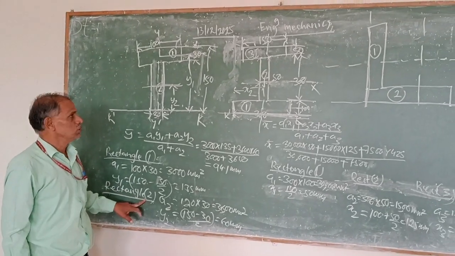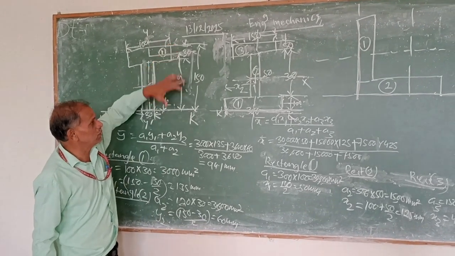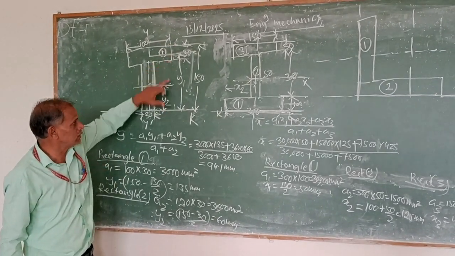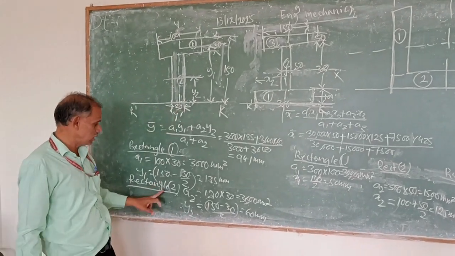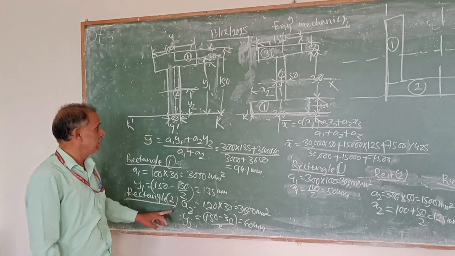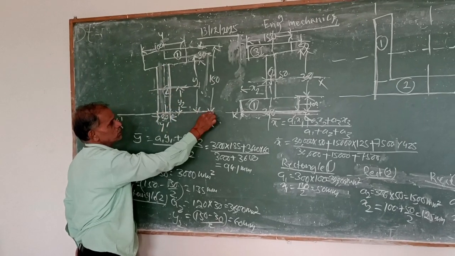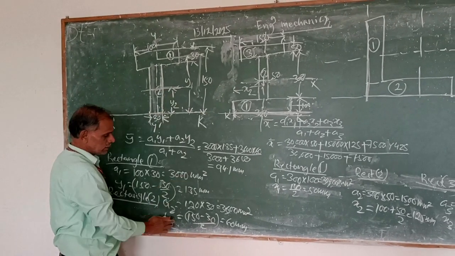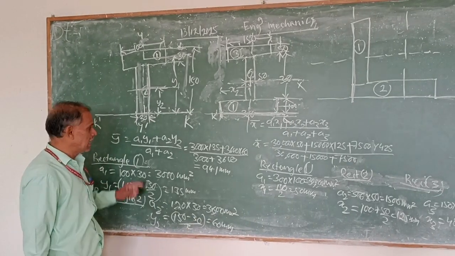Now in rectangle 2, the value of A2 is 120, because 150 minus 30 is 120, into this cross section which is 30. So 120 into 30 is equal to 3600 mm square, and y2 is the distance of the center of section 2 from this reference axis, that is 120 by 2, equal to 60 mm.